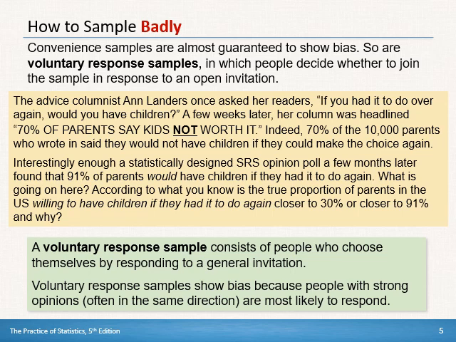This is I choose whether I am part of the sample or not. If I get a survey in the mail, somebody chose me as part of a sample. Now, whether I respond or not, that's voluntary. That's a nonresponse bias potentially. That's something different than this. Here, I wasn't chosen as part of a sample. I decided to write Ann Landers.